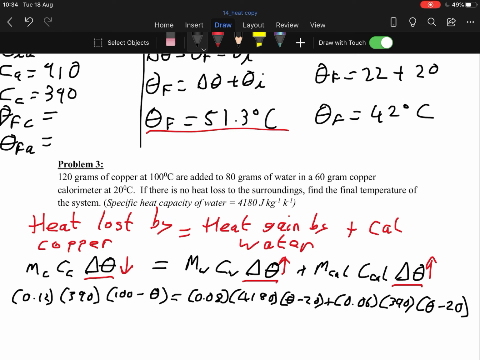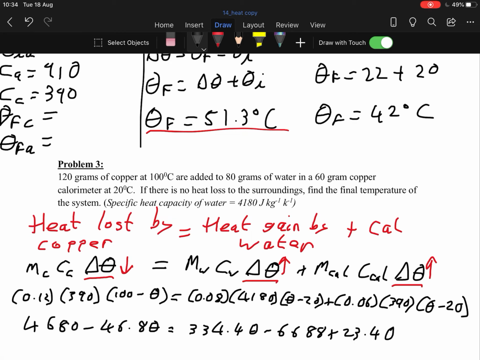So this left hand side should end up working out to be 4,680 minus 46.8 theta equals 334.4 theta minus 6688 plus 23.4 theta minus 468.